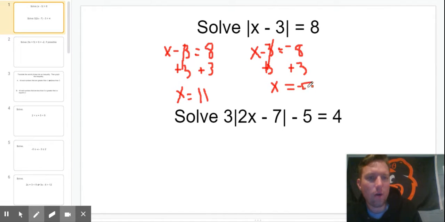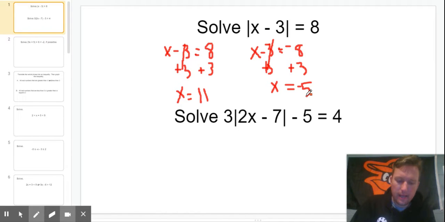So the solutions to the absolute value of x minus 3 equals 8 could be x equals 11 or x equals negative 5. A little bit different here, a little bit interesting.